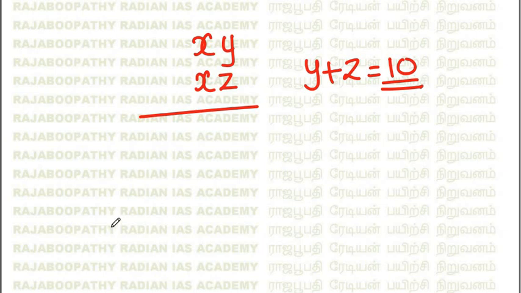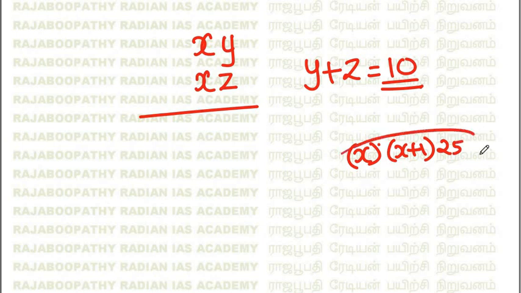It is not x into 25, it is x into x plus 1 into 25. Understood? Sangeeta? The multiplication is x into x plus 1, into 25. So others may not know because this is a little complicated maths.